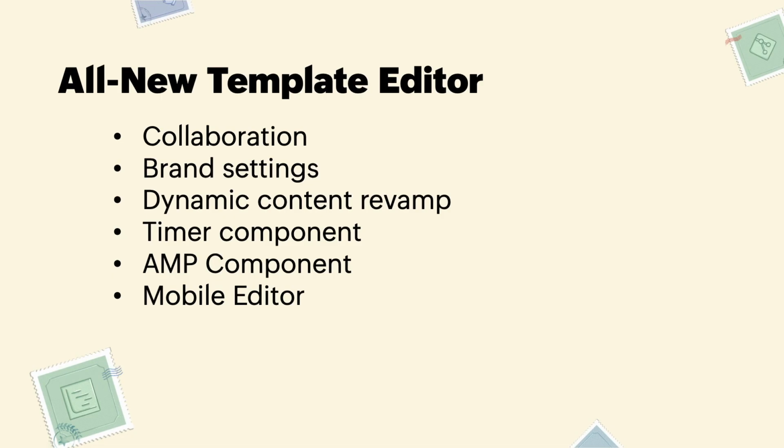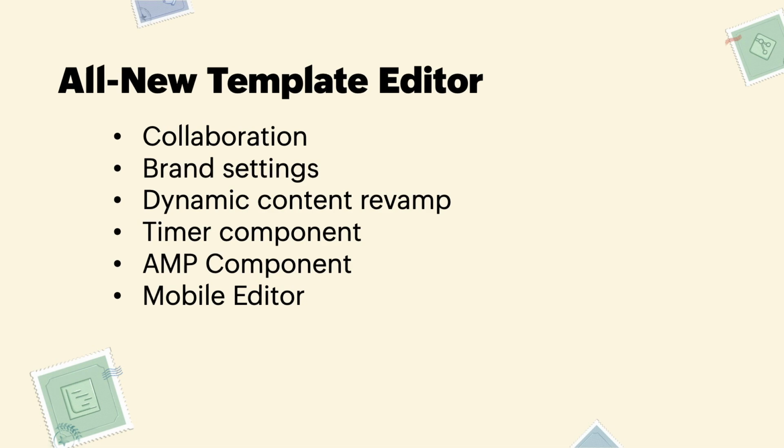And in this, we are going to have an AMP component, which will accelerate your mobile performance. And a mobile editor, as we discussed, you are going to get separately, and a dynamic content revamp. We have existing dynamic content in the editor.